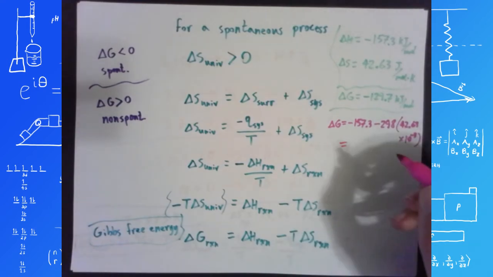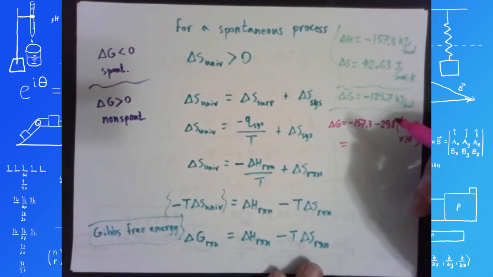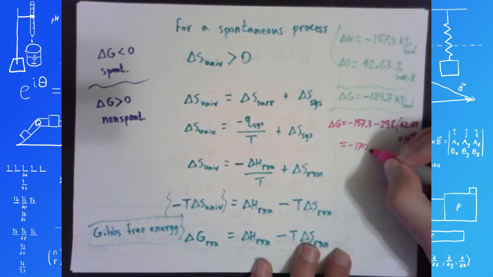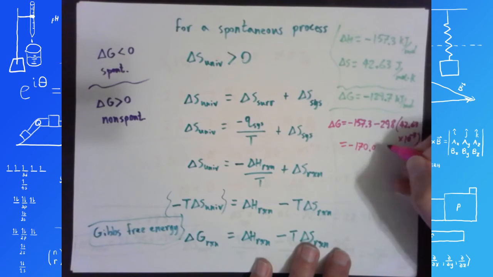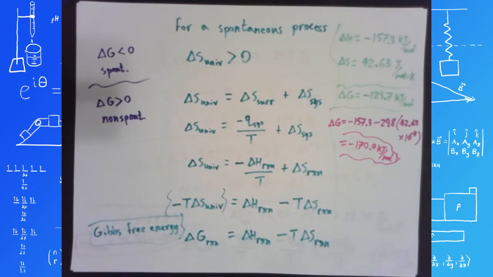Well, at the very least, we've discovered that the delta G at room temperature for copper 2 oxide is negative 170.0 kilojoules per mole, which disagrees with the value on the table, which just goes to show you that you probably shouldn't be relying on data tables to calculate the delta G of a reaction.